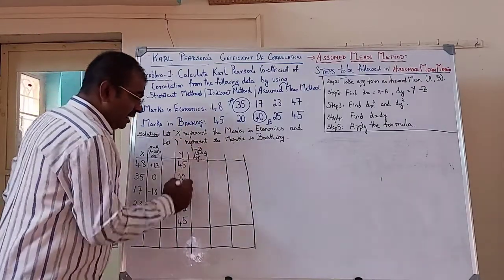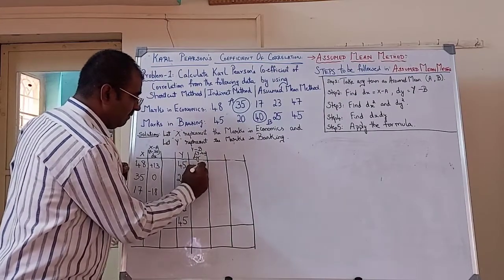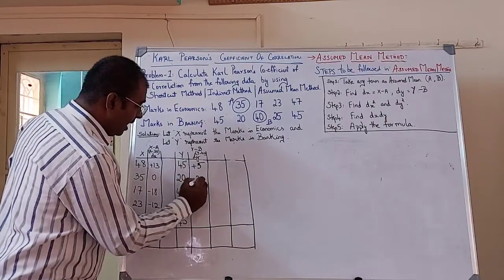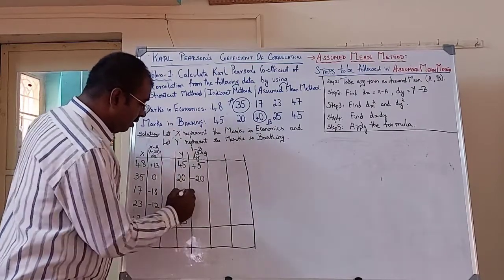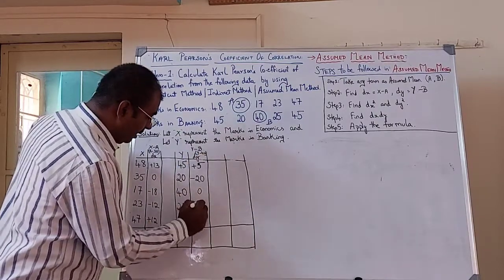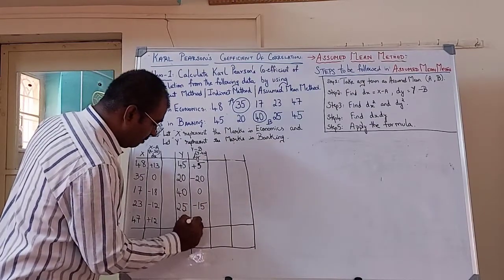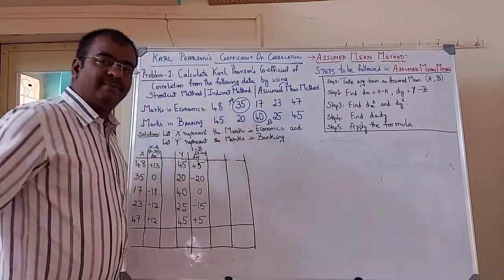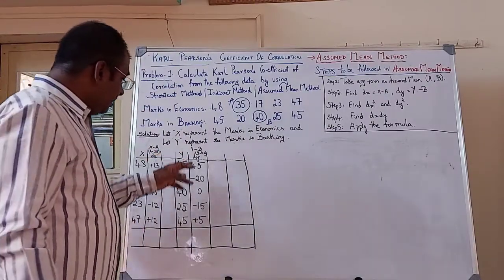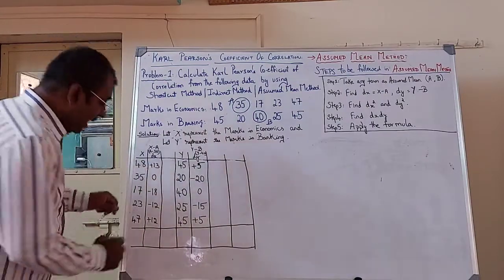So 45 minus 40 plus 5, 20 minus 40 minus 20, 40 minus 40, 0, 25 minus 40 minus 15, 45 minus 40 plus 5. So we have taken the deviations from x and the deviations from y. Now let us calculate it.